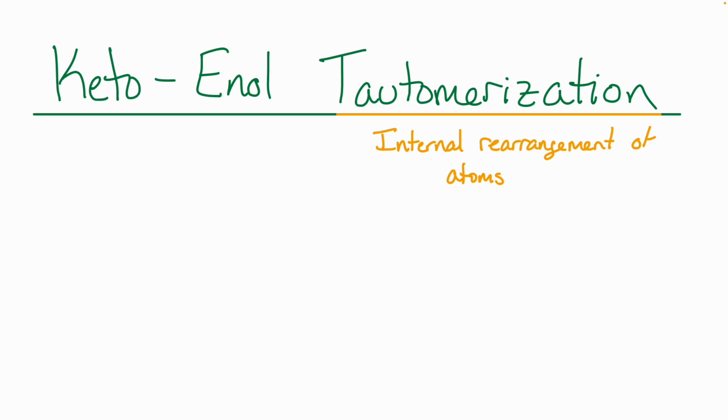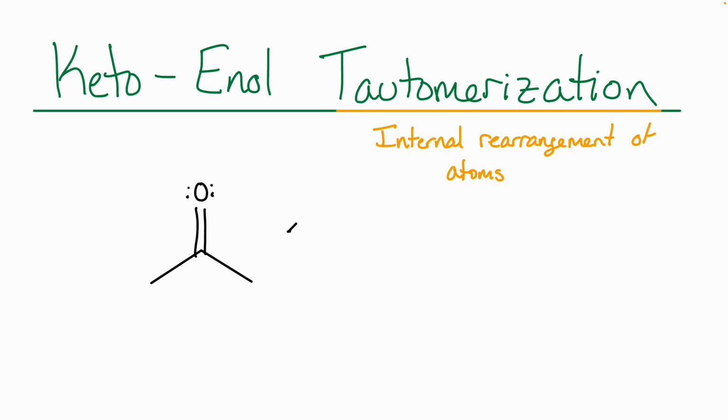So it turns out that any ketone or aldehyde, but let's look at our simple acetone here, is always in equilibrium with an enol, where you have a carbon-carbon double bond located directly next to an alcohol group.